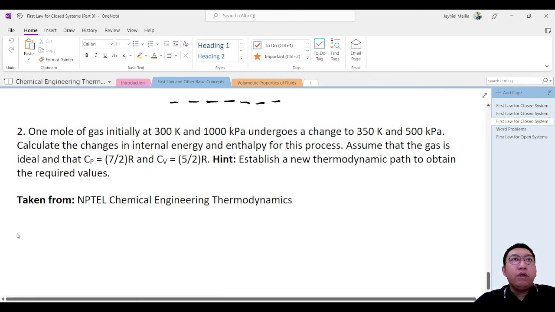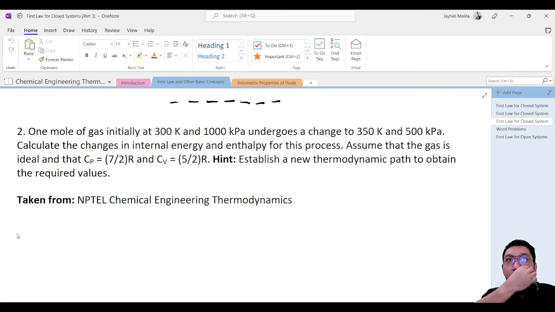So 1 mole of gas initially at 300 Kelvin and 1000 kPa undergoes a change to 350 Kelvin and 500 kPa. Calculate the changes in internal energy and enthalpy for this process.